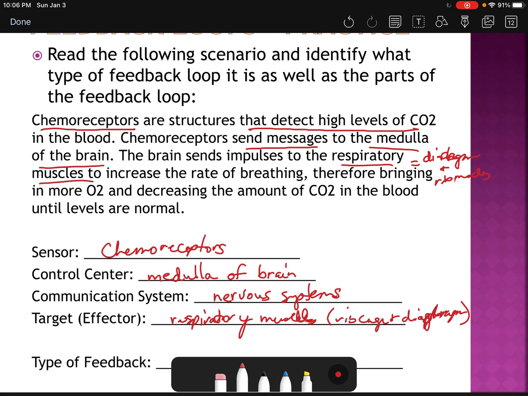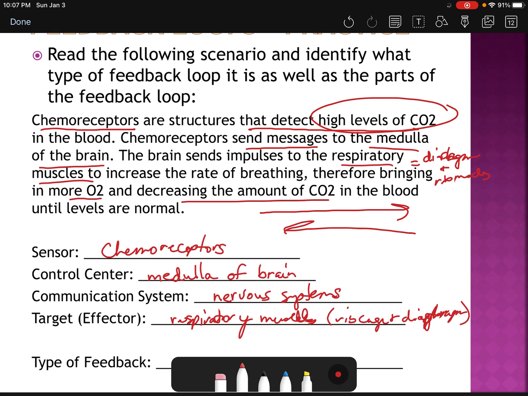What type of feedback would this be? By increasing your breathing, it's trying to increase your O2 and decrease the amount of CO2 because your levels were too high. So are we moving you further away, or are we reversing the change? We are reversing the change, right?